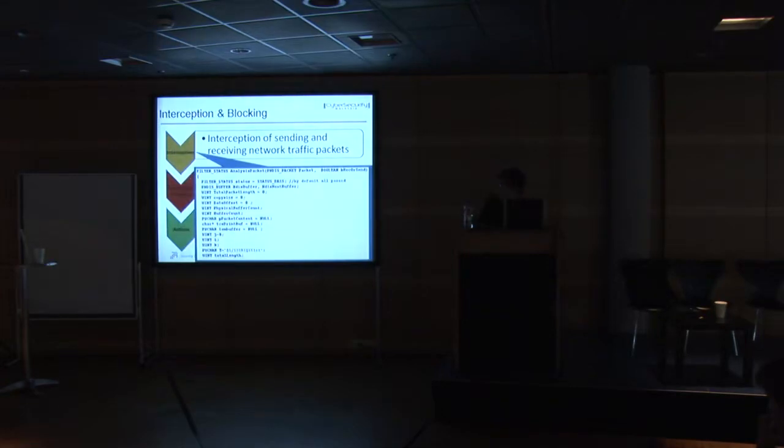Another variable I want to highlight is the string T. From here, you can put any signature for the malicious traffic which you want to block. Let's say you want to block the shellcode for the exploitation.